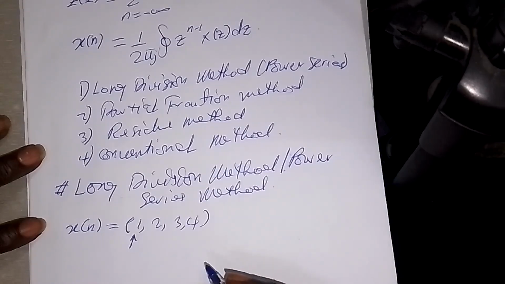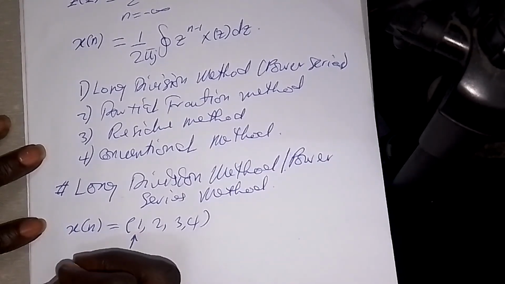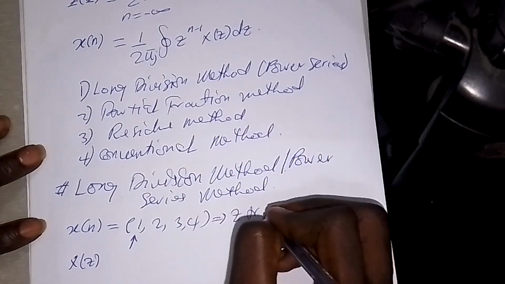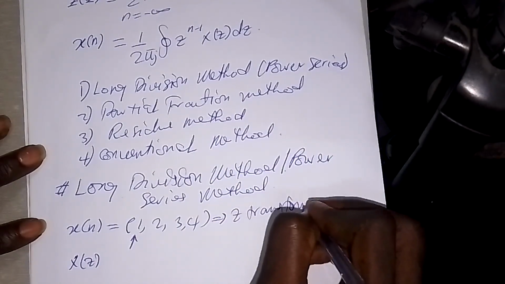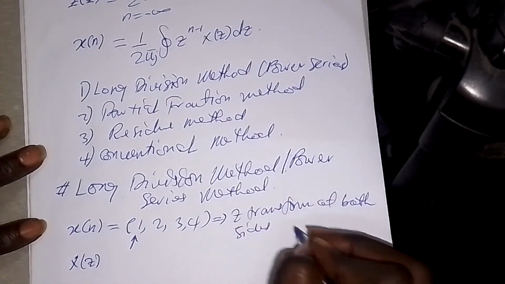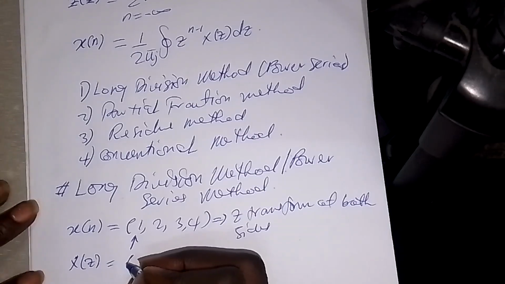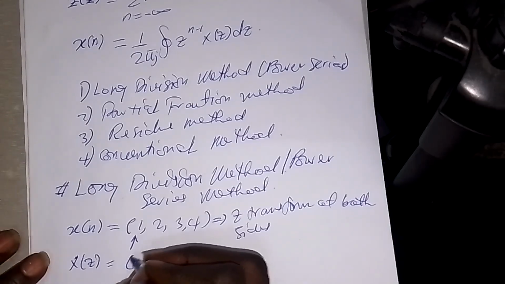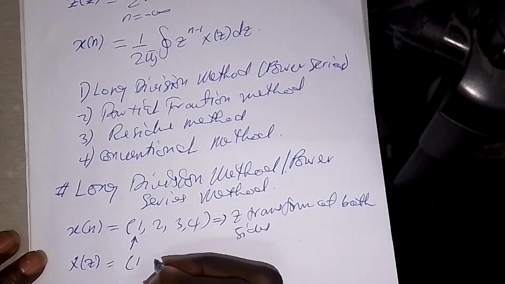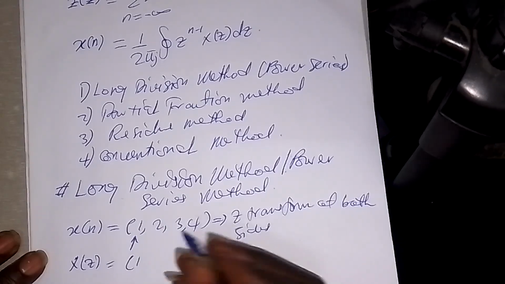So if this is a right-sided sequence, and I take the Z transform of both sides, then I'm going to have 1 into z exponent 0, since I start here at n equals 0, and z exponent 0 is 1.